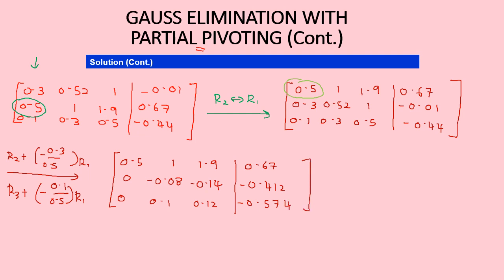Okay, we can see from here the value for A21 and A31 already 0. The next step, we are going to make value for A32 equal to 0, so that we will have upper triangular matrix.